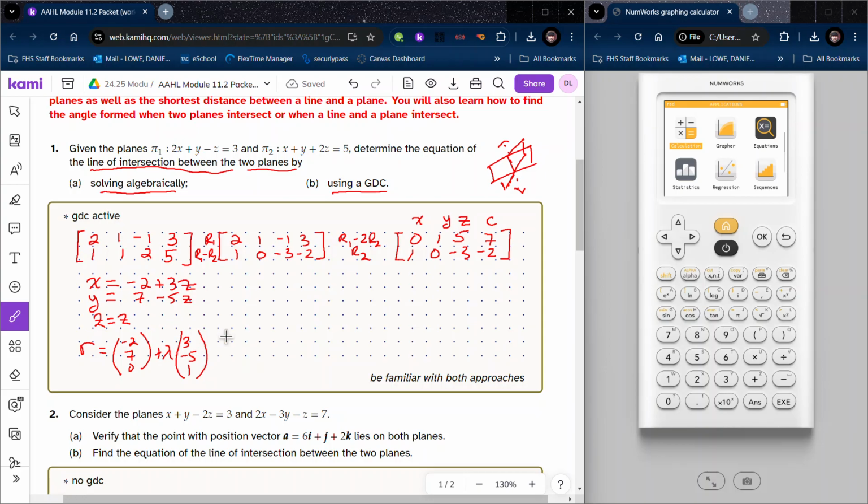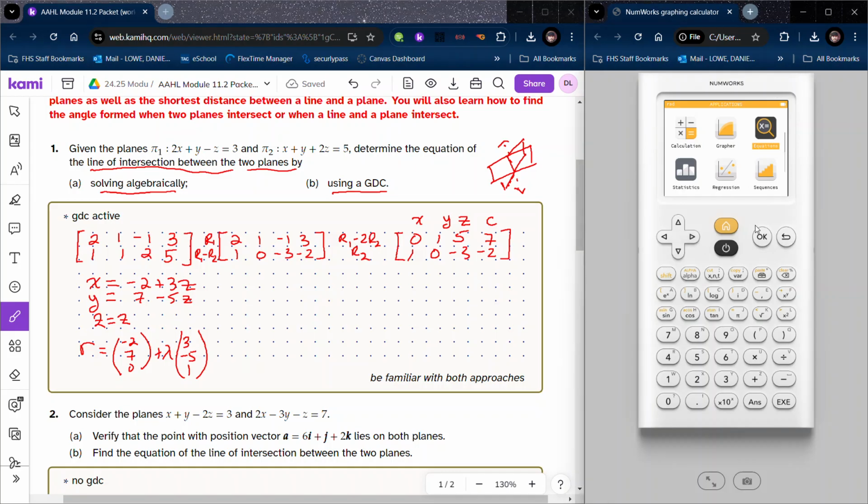and this would be done using an algebraic approach. If I wanted to do this with a calculator, I can solve it rather simply, going into my equation solver and adding an expression, and we know that we're going to have a system of equations with two planes. And so our first equation is 2x plus y minus z is equal to 3.